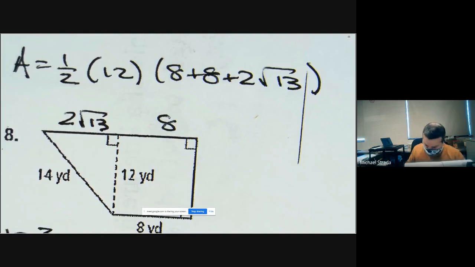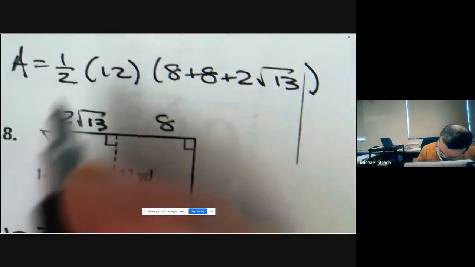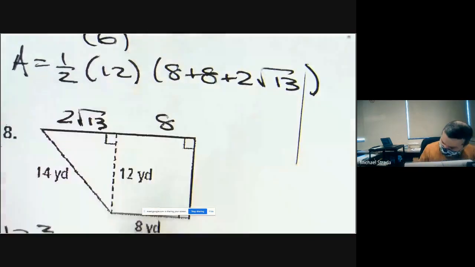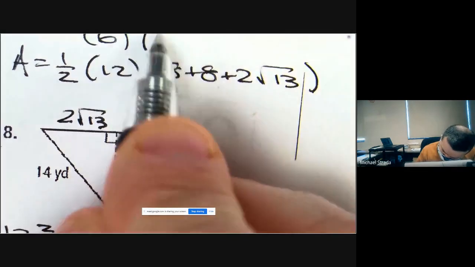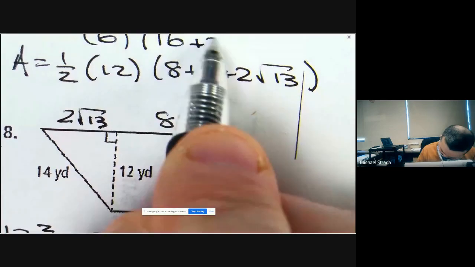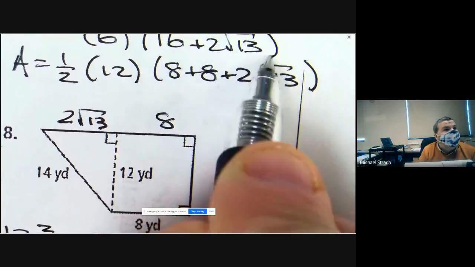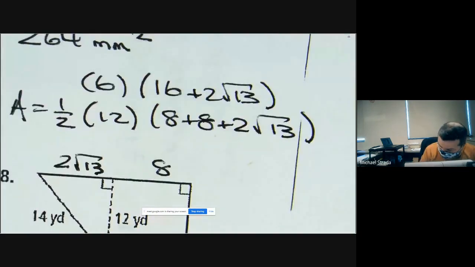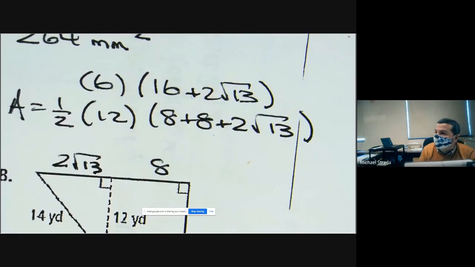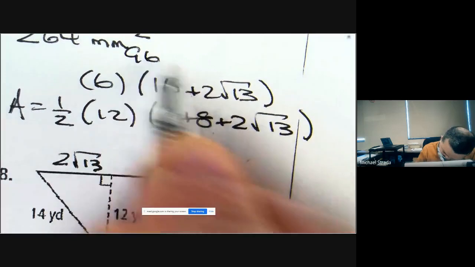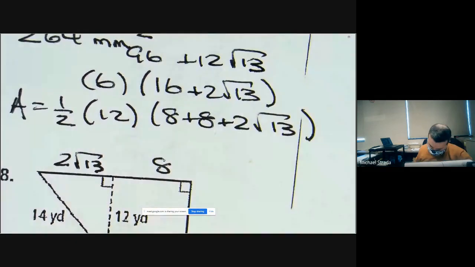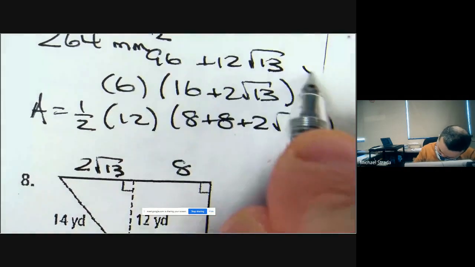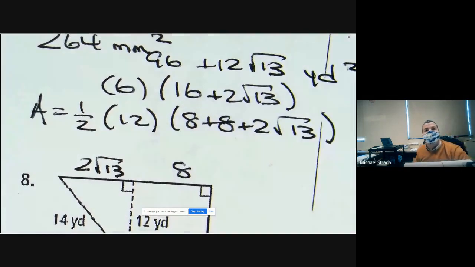All right, what's half of 12? 6. Good with that. Can I put 8 and 8 together? Yep, that's going to give me 16 plus 2√13. What am I then going to do with that 6? Rhymes with mistribute. Distribute. 96 plus 12√13. The original unit is yards, so the final unit is yards squared.